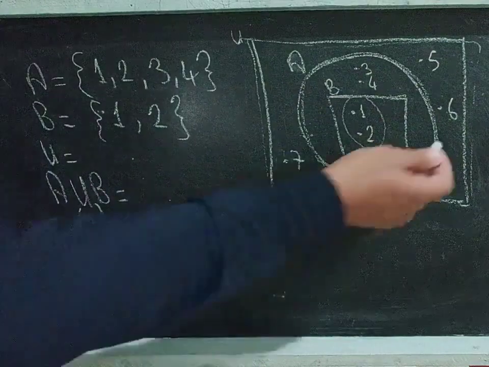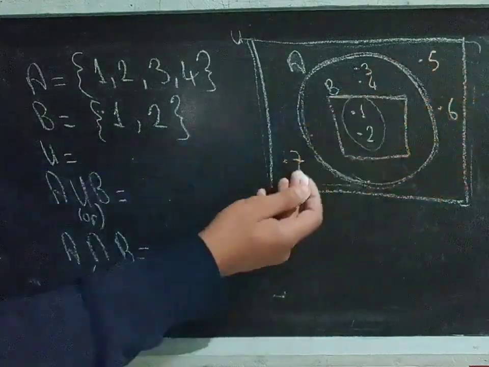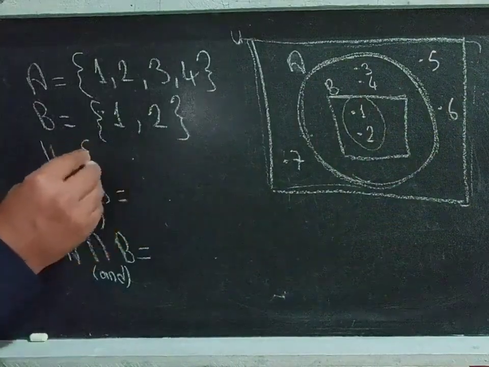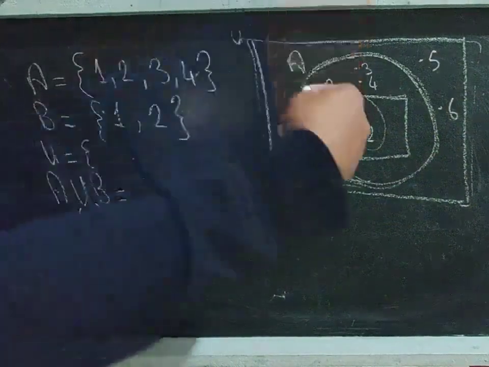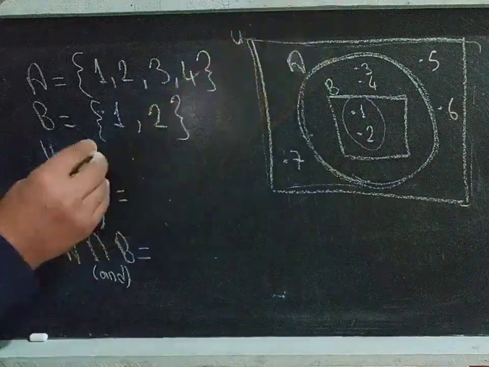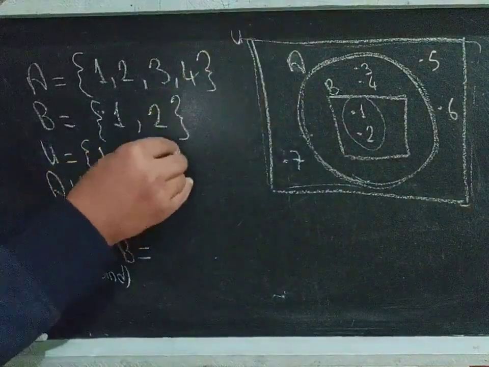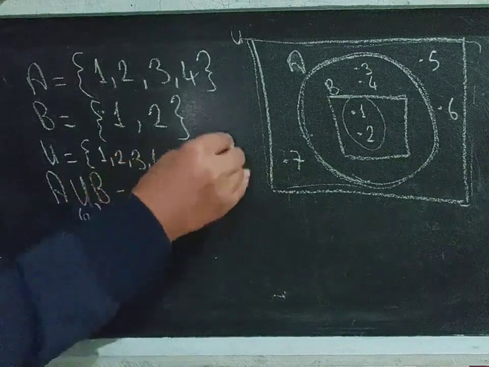They don't need to be next to each other. It can be anywhere. So you will write all the numbers you see inside this shape: 1, 2, 3, 4, 5, 6, and 7.